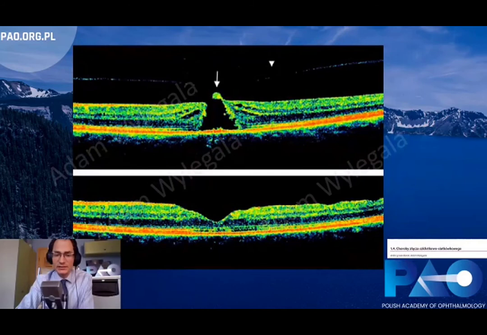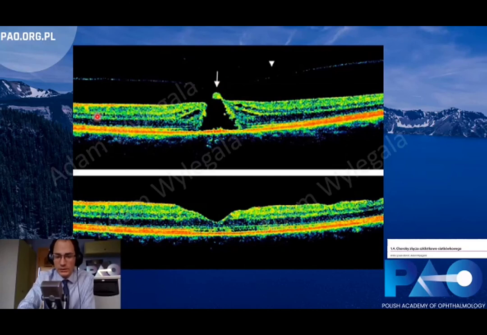The worst case scenario is when we have the tractional tearing of the macula, and then we have the full thickness macular hole with the operculum. The operculum can also be floating somewhere inside the vitreous chamber, and then we have naturally a very disturbing floater.